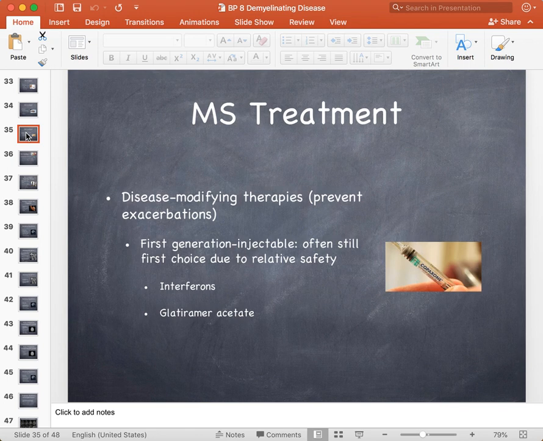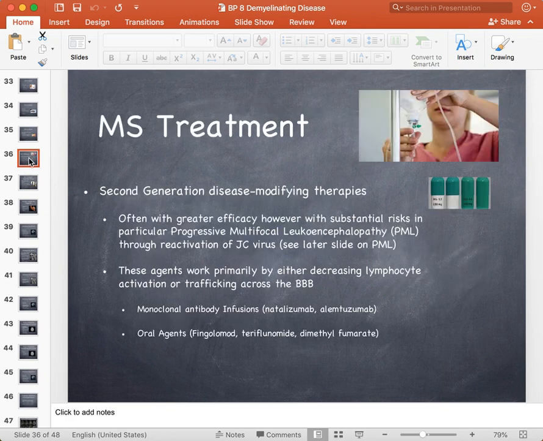The issue with the newer drugs is that as a trade-off for that potency, you're accepting low but not zero risks of potentially very serious side effects, such as progressive multifocal leukoencephalopathy, which is a reactivation of the JC virus. My understanding is about half of us have it sitting in our oligodendrocytes anyway, and if you happen to be JC virus positive, you are at higher risk of developing progressive multifocal leukoencephalopathy.